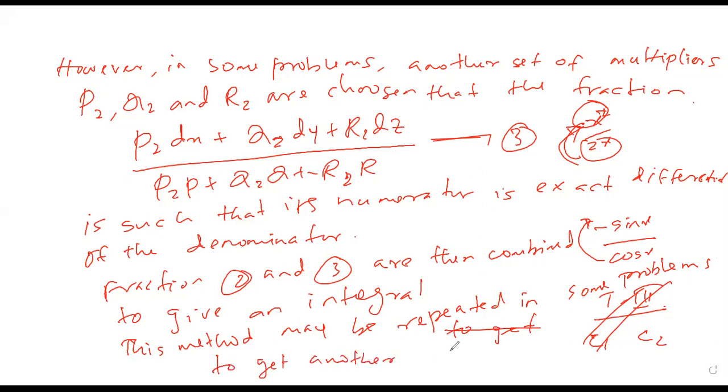Okay. So if you want one more integral to get the C2, we can combine these and get the other integral. So we can see the example, so it will be easy for you. Understand?